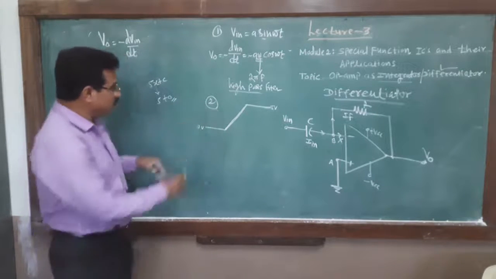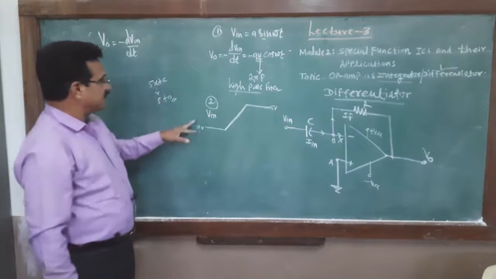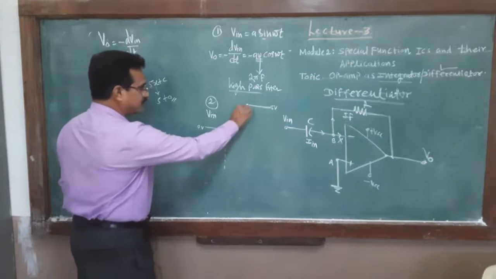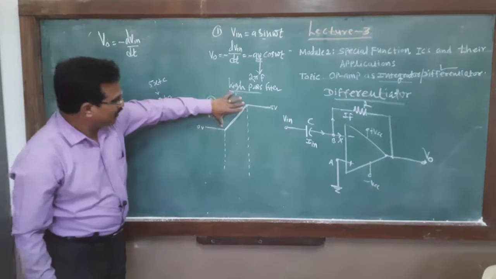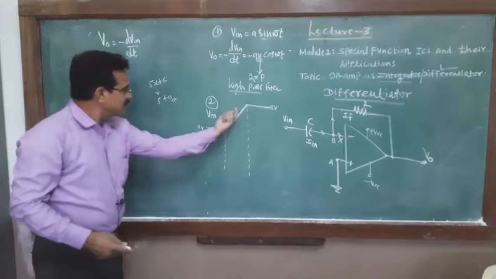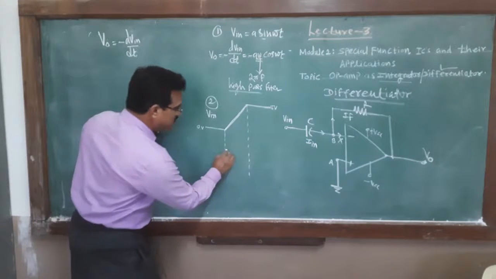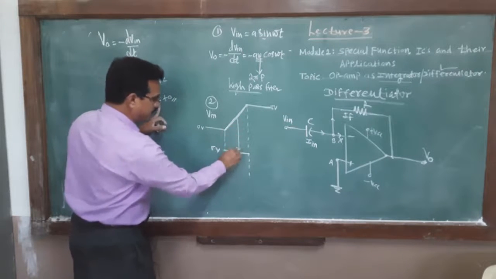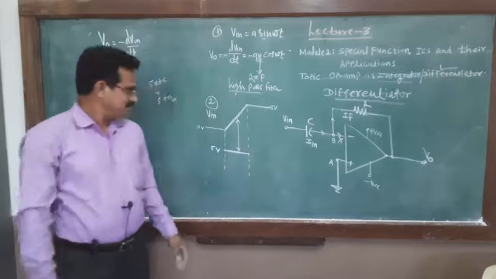It means if the input is the ramp, what is the output for this particular part? Suppose this is 5x, an increasing ramp. What is the derivative of this part? The derivative is 5, which means we get a constant output, 5 volt. Remember this: derivative and integration are opposite to each other.